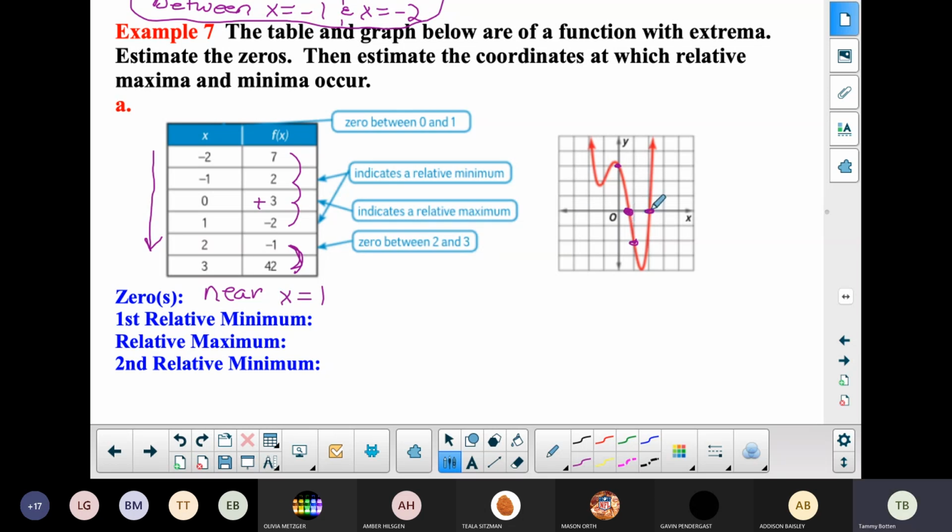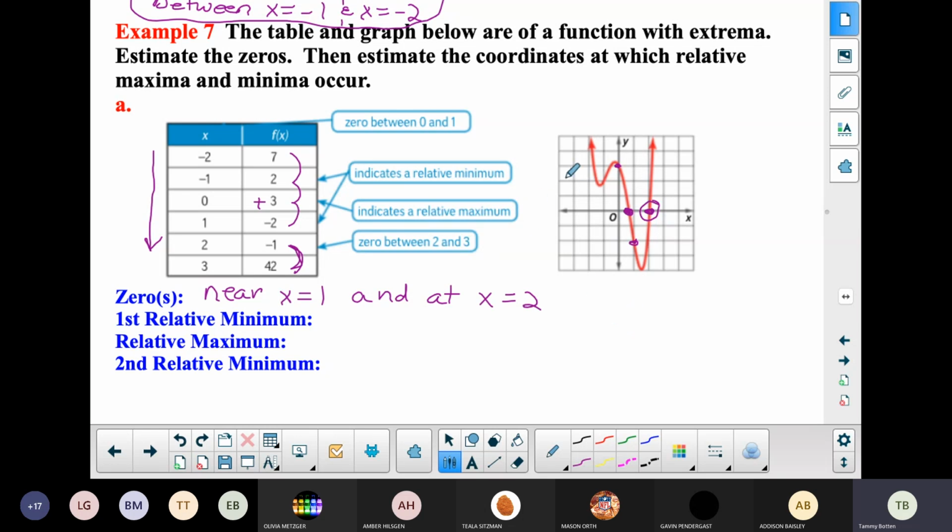Okay. Our other 0 is right here. Okay, now that one I would say is at x equals 2. So I have one that's near x equals 1, and I have one that's at x equals 2.